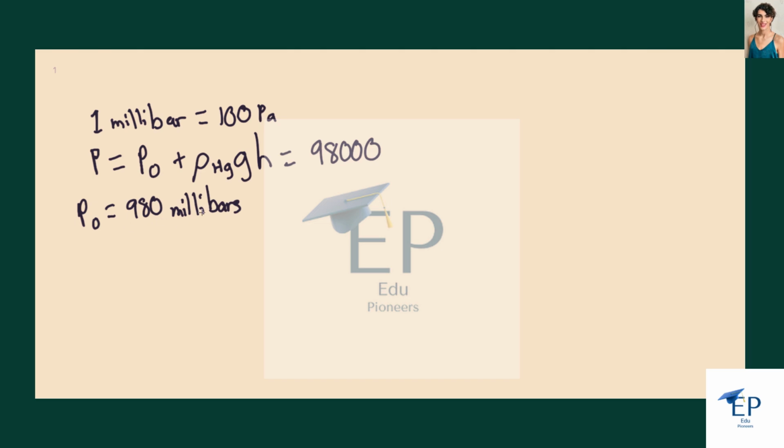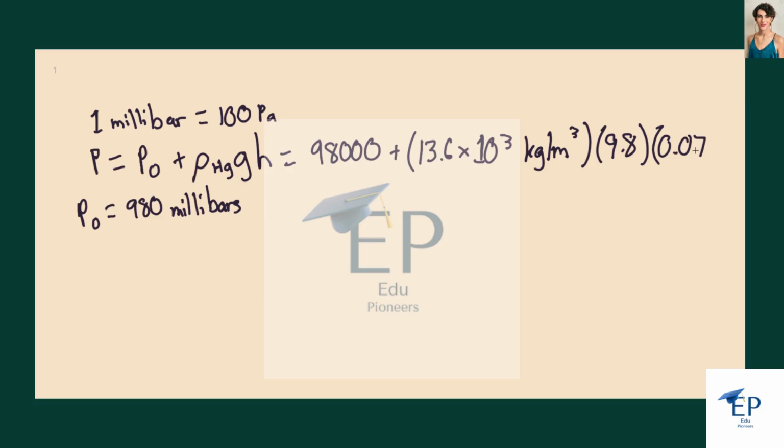So 980 millibars will become 98,000 pascals, plus the density of mercury being 13.6 times 10 to the third kilograms per cubic meter, times 9.8, the acceleration due to gravity, times the full depth of the manometer, being 0.07 meters.